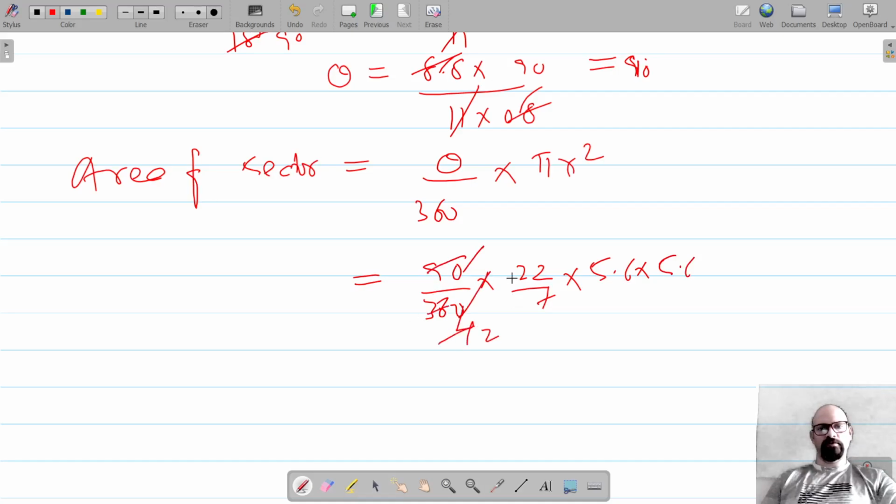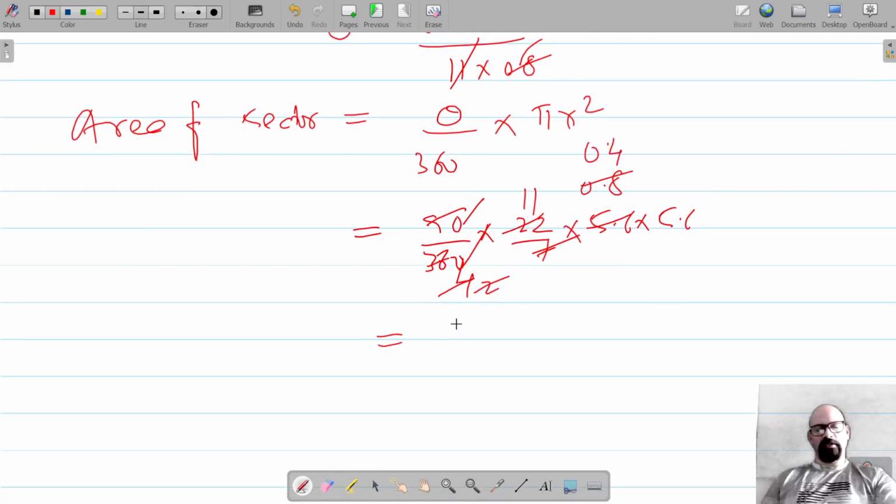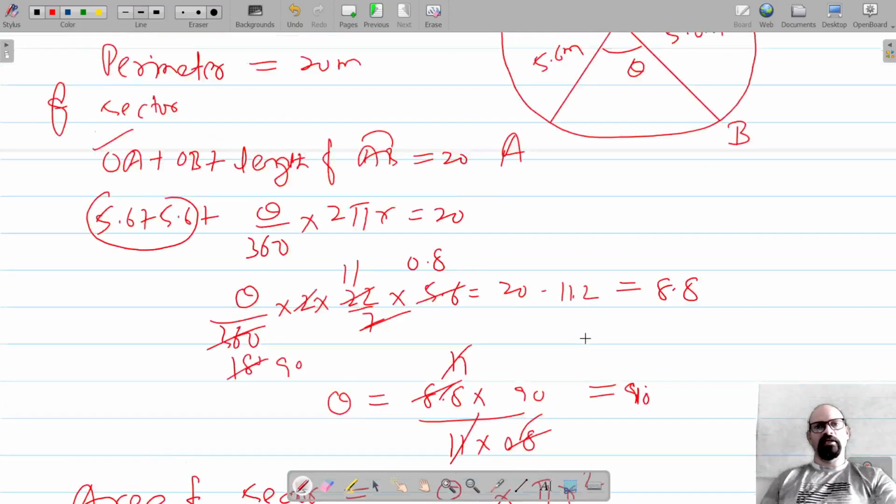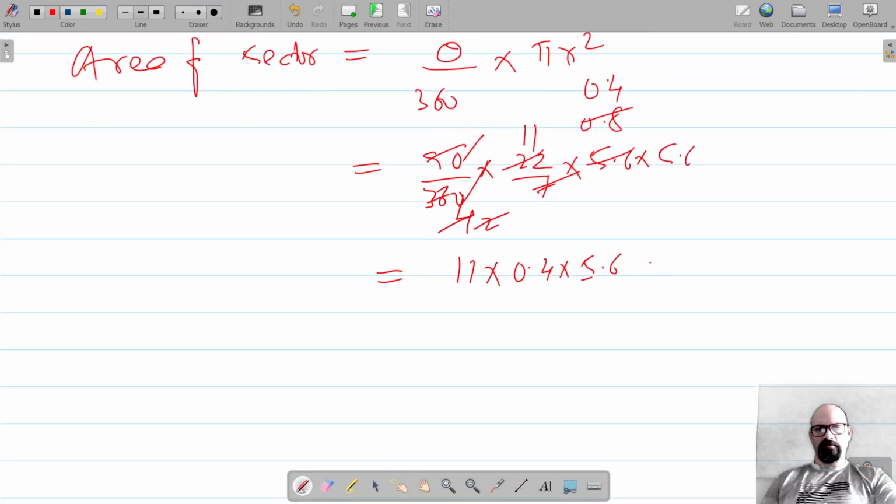This is 11 into 0.4 into 5.6 in meter square, which gives me 24.64. So 24.64 meter square is the area of the sector. Let's move on to section E.